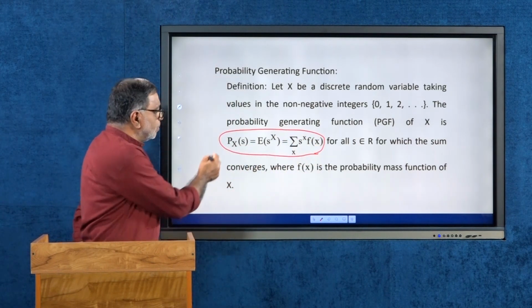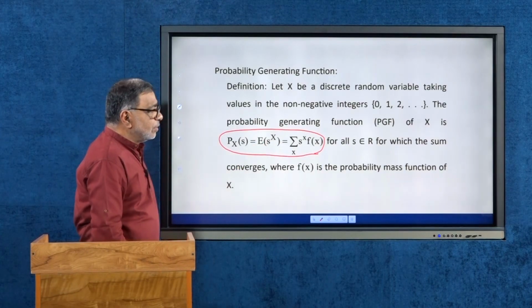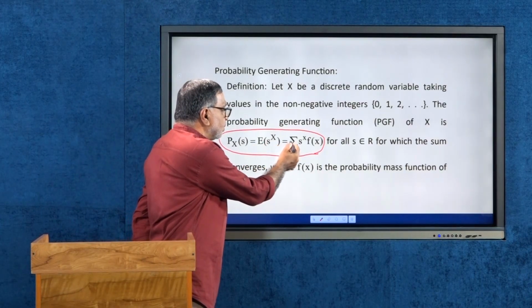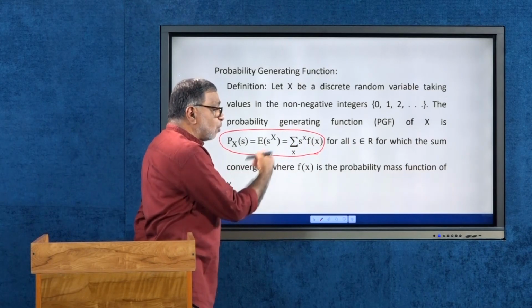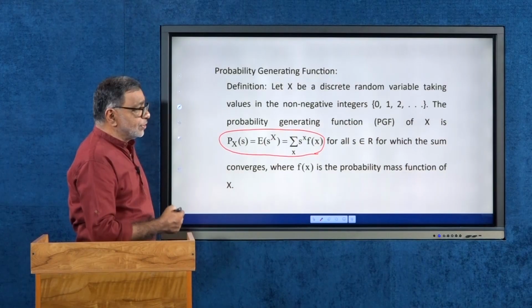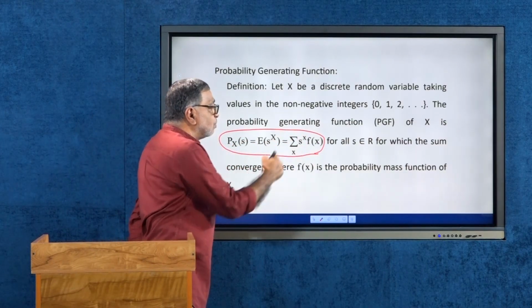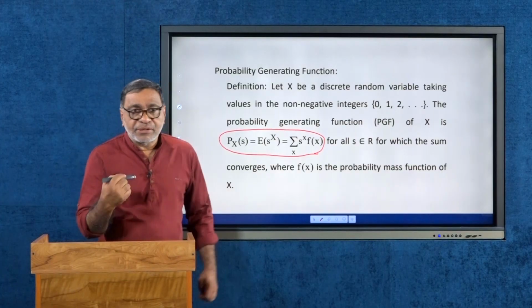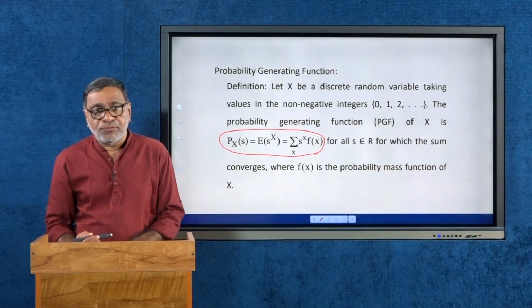That means the probability generating function is equal to the expectation of s power X, which is obtained by the summation over x of s power x f(x) for all s belonging to the real number system, provided this sum is absolutely convergent. If it is convergent, then that sum is called the probability generating function.